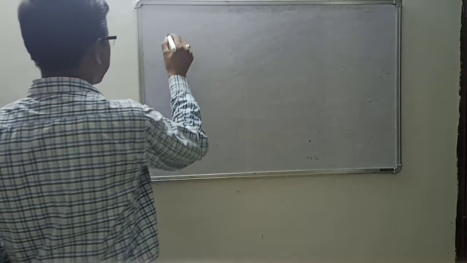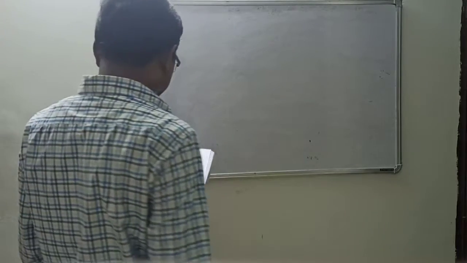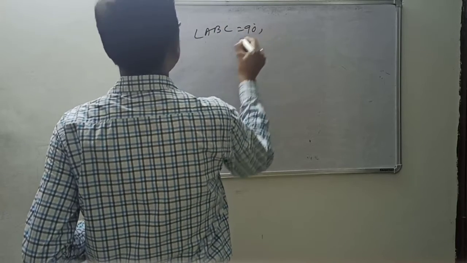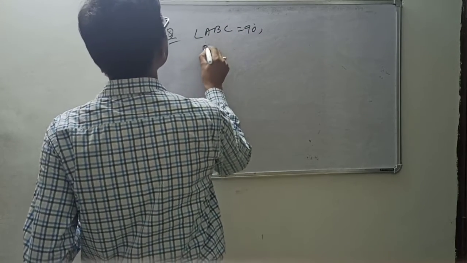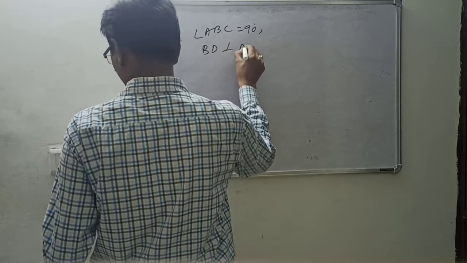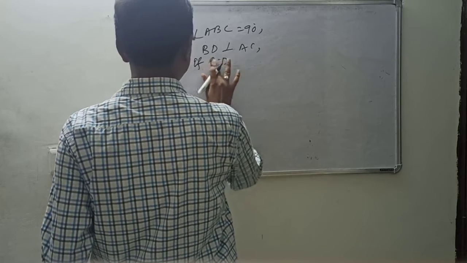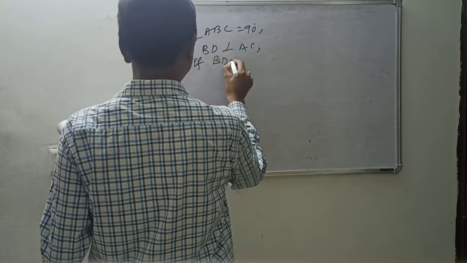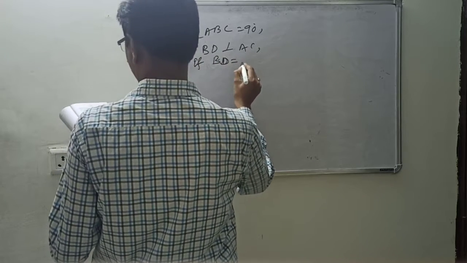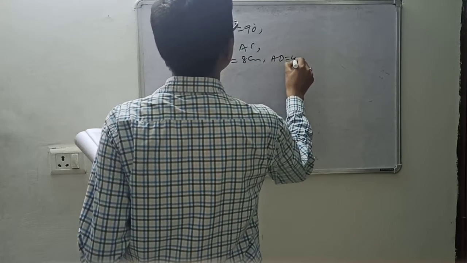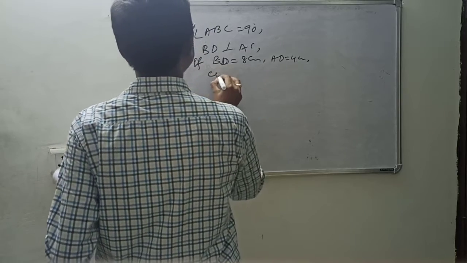See, in the given figure, angle ABC equal to 90 degree and BD is perpendicular to AC. If BD equal to 8 centimeter, AD equal to 4 centimeter, find CD.